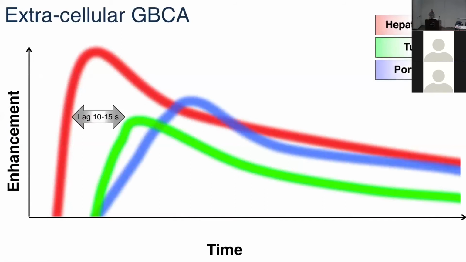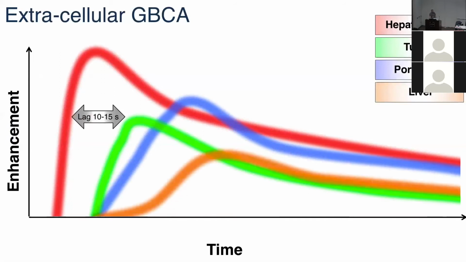The portal vein, as I mentioned, also enhances 10 to 15 seconds after the artery, right? So the portal vein and the tumor start to enhance around the same time by coincidence, and the portal vein peaks and then de-enhances. The liver is fed mainly by the portal vein.